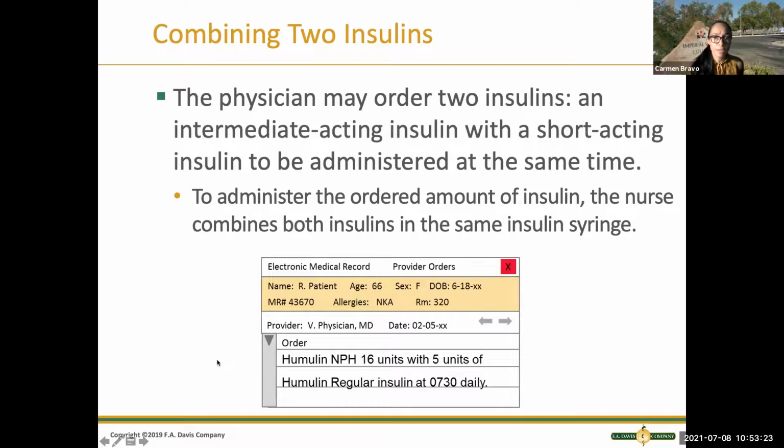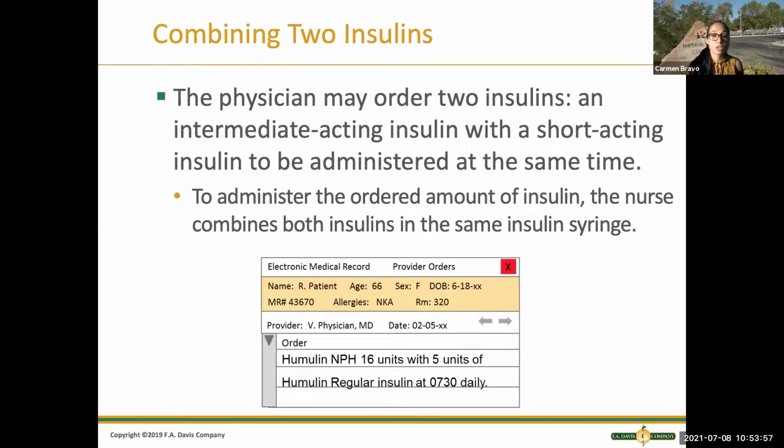So we have two different types of insulins. From all the types that we said, sometimes we have to combine two different types to give in one shot, okay? Most of the time, you will only give one of those, either the short acting, fast acting, the intermediate, or the long term. Normally, we don't mix them, but if the doctor orders them to be mixed, sometimes we can mix them up.